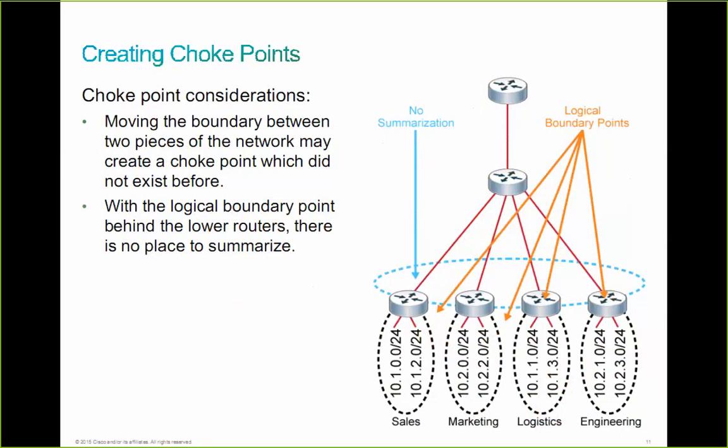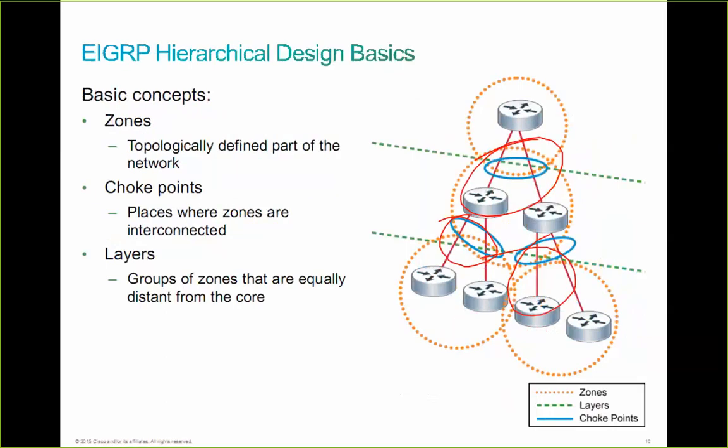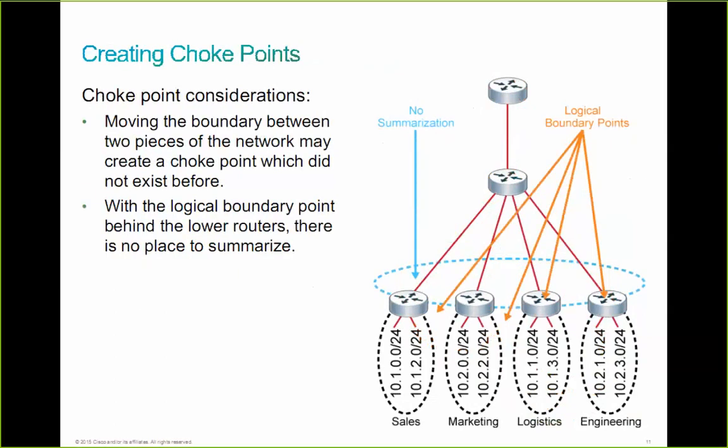If you look at this example here, the choke points are positioned too low in the topology. In this particular case, we don't have a whole lot of summarization options. We've got 10.1.0 and 10.1.2 here, 10.1.1 and 10.1.3 here.